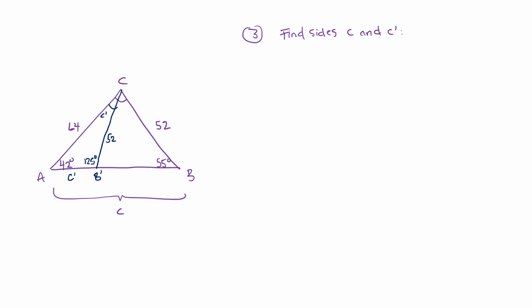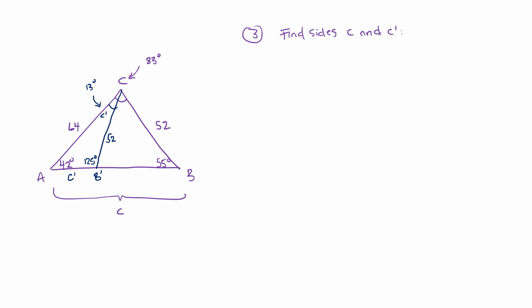Okay. We know from our previous step number 2, that C prime came out to be 13 degrees and angle C came out to be 83 degrees. So let's add that as well.